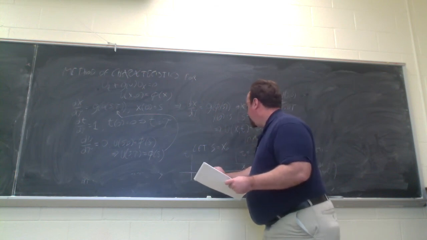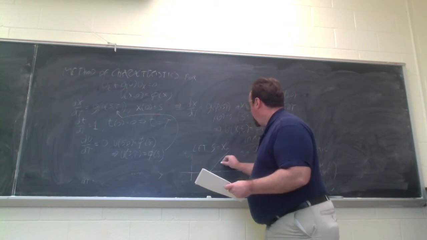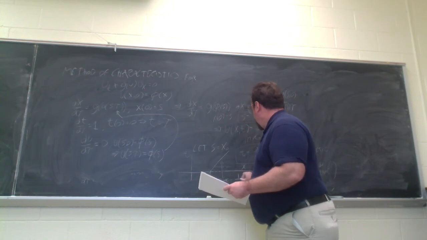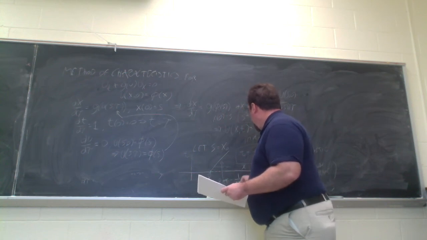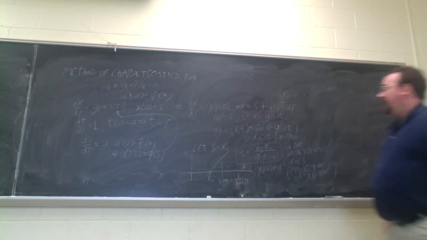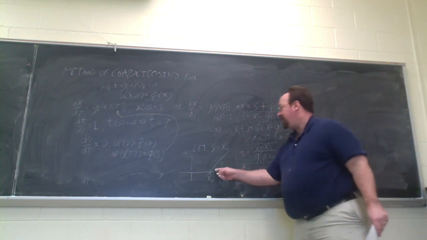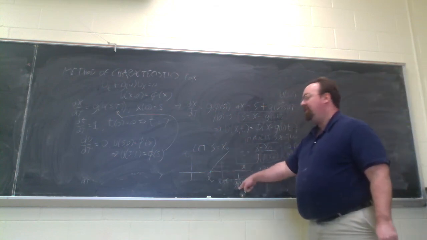So the slope of this line is 1 over g of phi of x naught. Every characteristic curve that begins at a certain point x naught is going to have this slope.